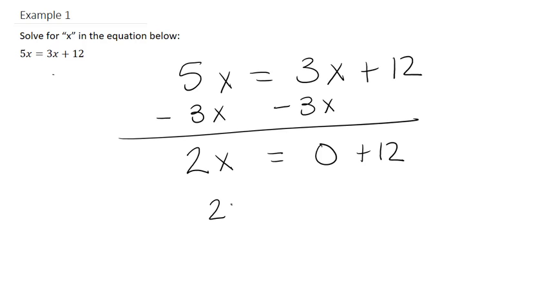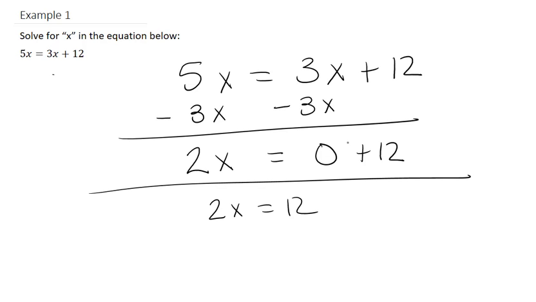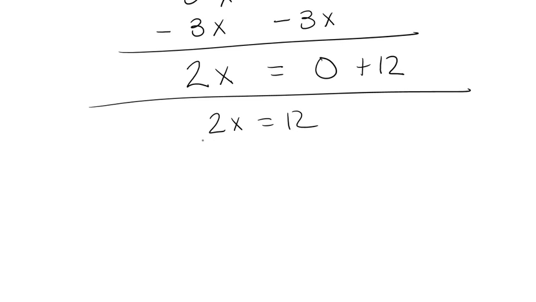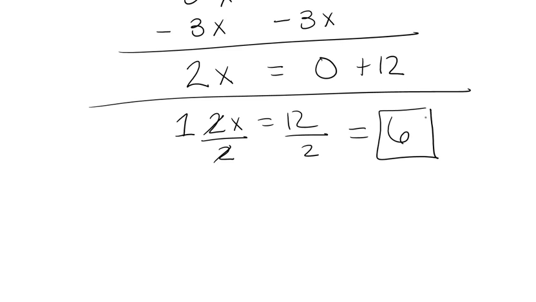So we have 2x equals 12 because 0 plus 12 is 12. And then to get the variable by itself, we're just going to go ahead and divide both sides by 2. Because this just becomes 1, so you have 1x equals 12 divided by 2, which is equal to 6. So x is equal to 6.